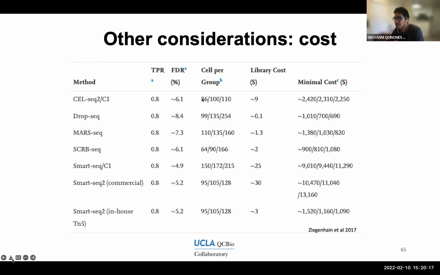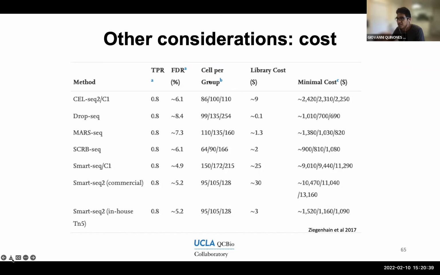Here, this column over here is showing cells per group. So I believe this is the number of cells that you'll be finding based on 0.25 million, 500,000, and 1 million reads.